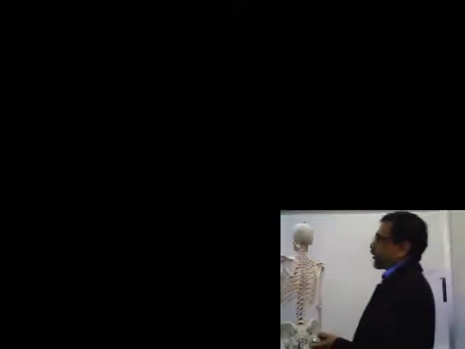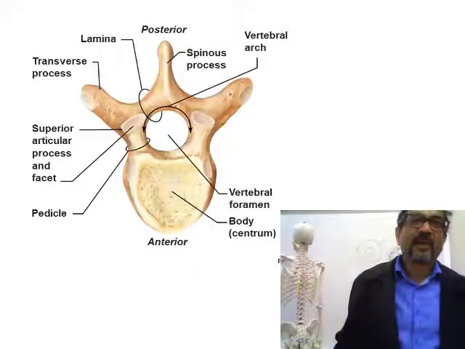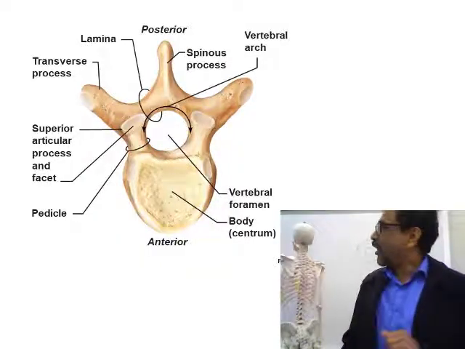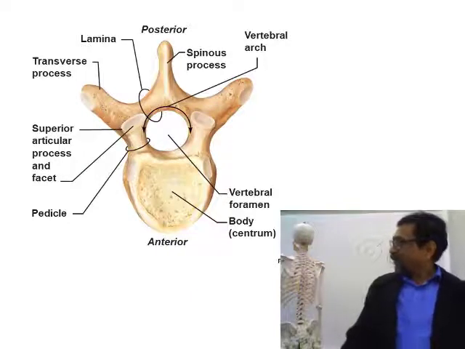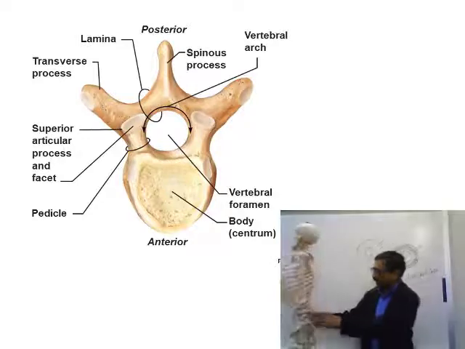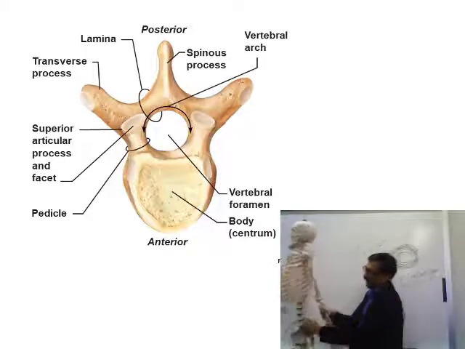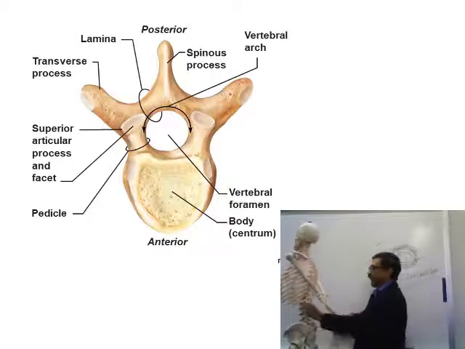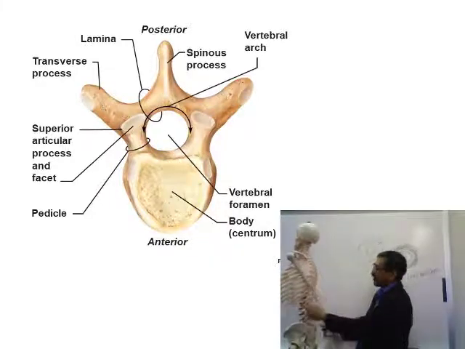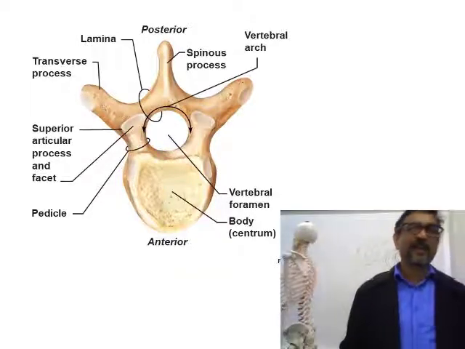Okay. Structure of a vertebrae. Vertebrae has a body and the arch. Body is in the front. If you see here, this is the body. So body is in the front, right? And arch part is in the back. So this part, entire part, is the arch. Now, 7 processes I mentioned to you.